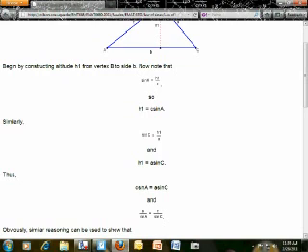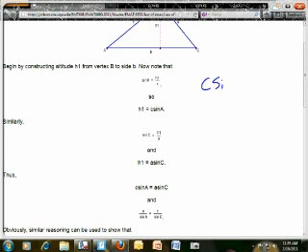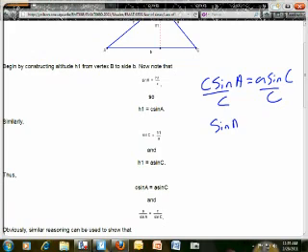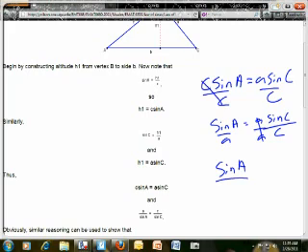C sine of A is equal to A sine of C. If I divide both sides by C, and then divide both sides by A, these cancel, and you end up with sine of A over A equals sine of C over C. And you can do the same thing for B. So that means we also have sine of B over B.